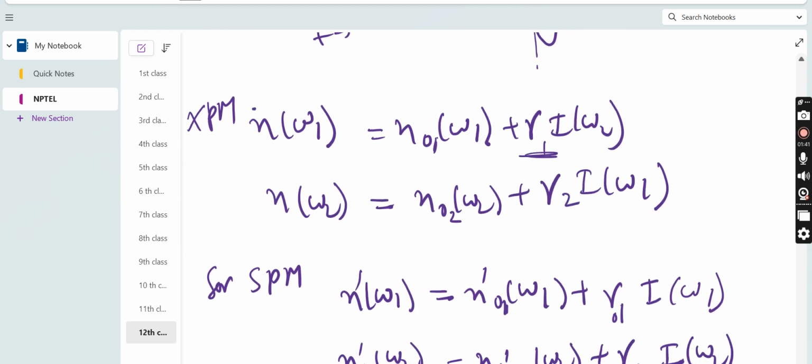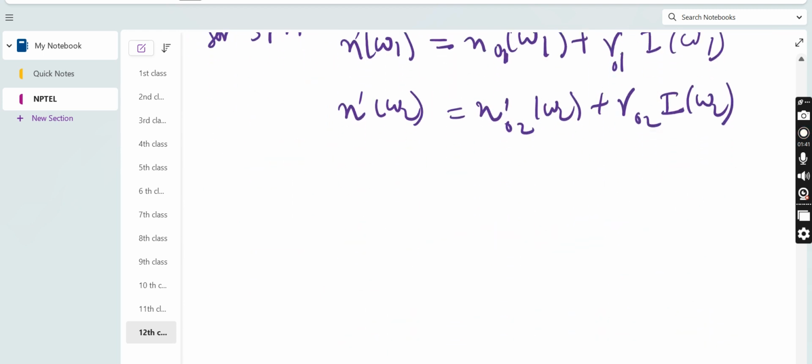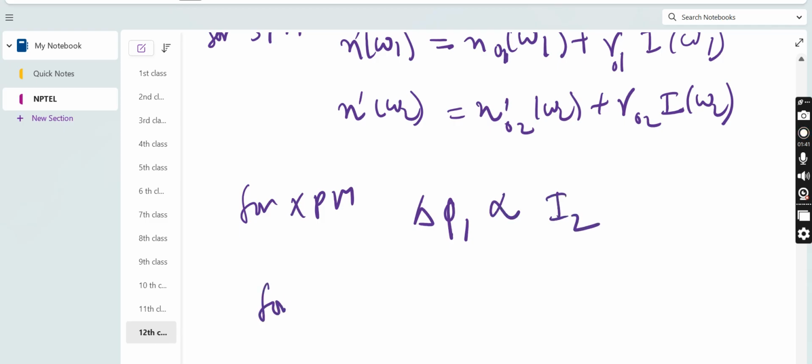So for XPM, delta phi 1 is proportional to I2, but for SPM, delta phi 1 is proportional to I1. That is the difference.